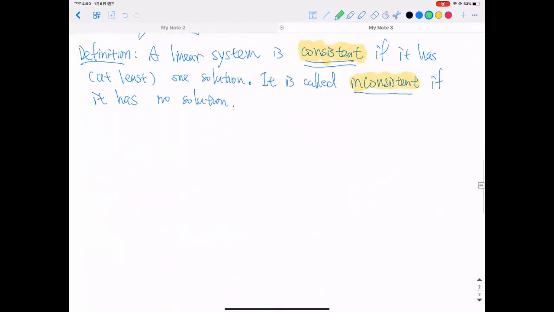Now we introduce the important gadget for this course, which is the notion of matrices.